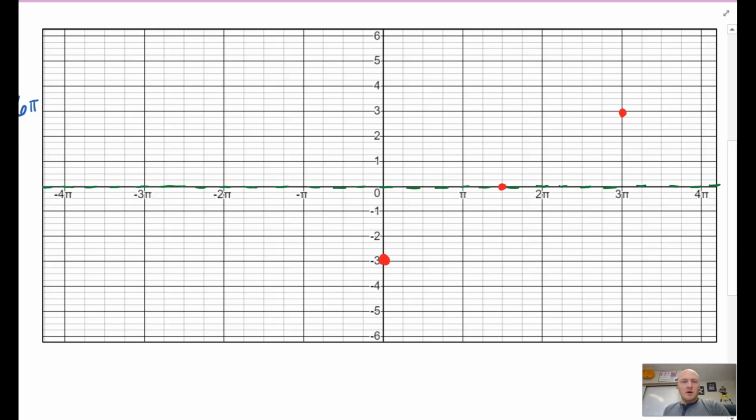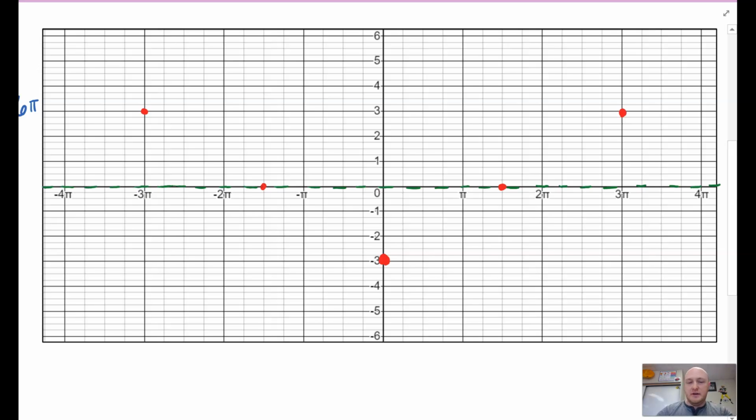Okay. All right. And then I can do the same thing in the left direction. So I'll go to 3 pi, and that's going to be a maximum. And then at 1.5 pi, we'll be back at our midline. All right.